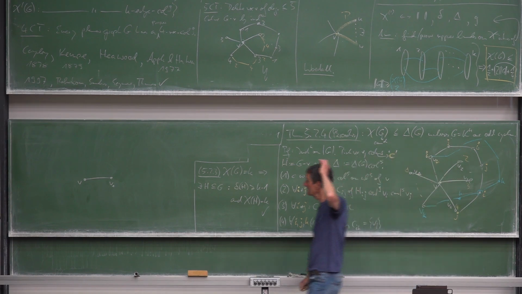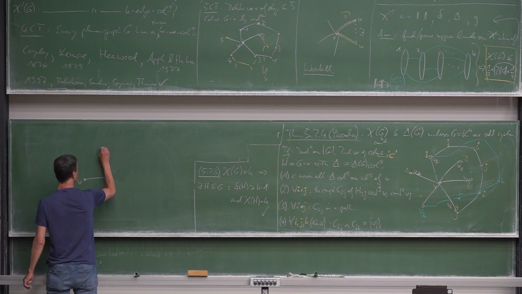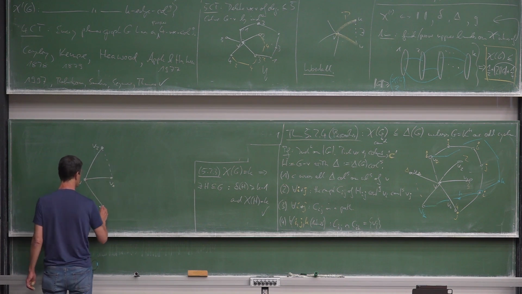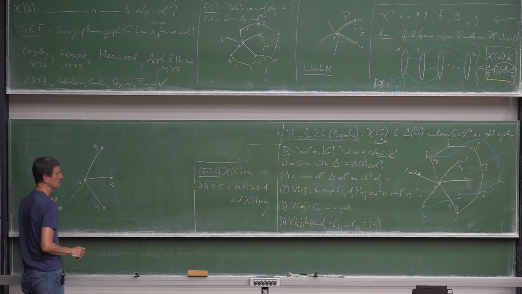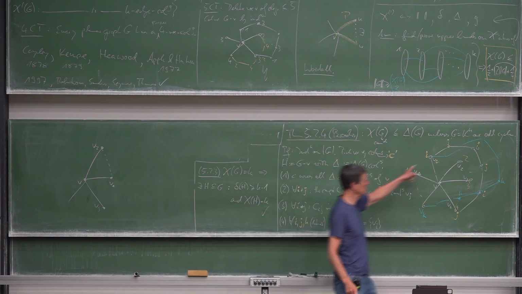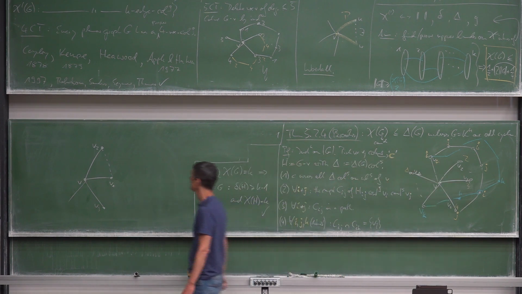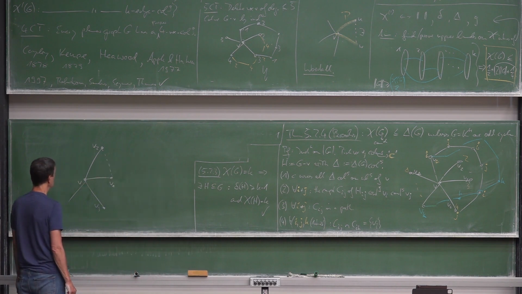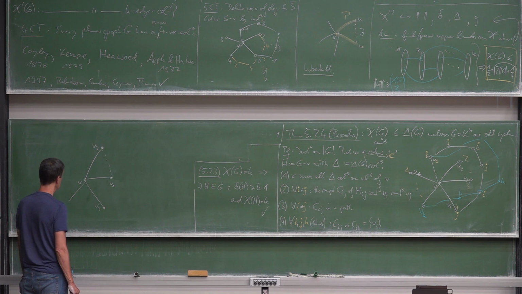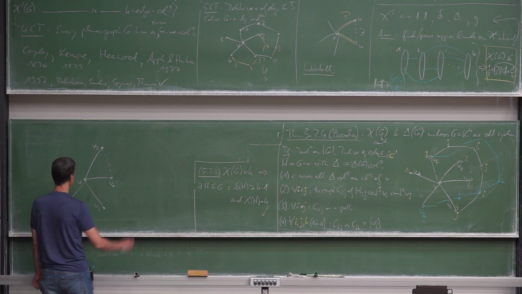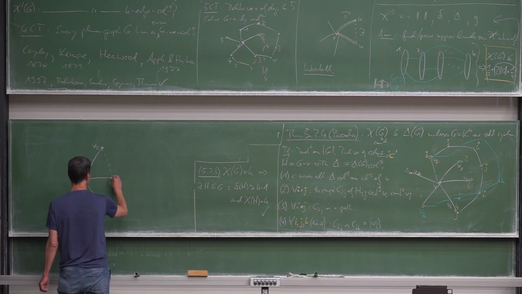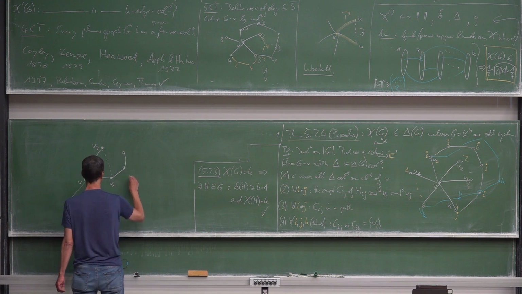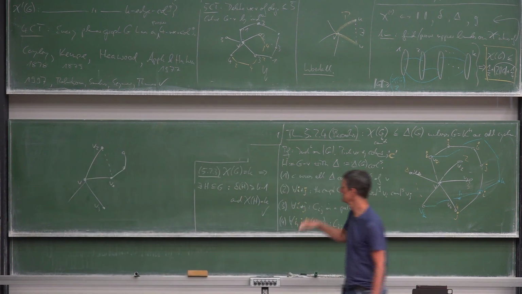Okay. So there exists a non-edge, say, between V1 and V2. Now consider the path from V1 to V2.